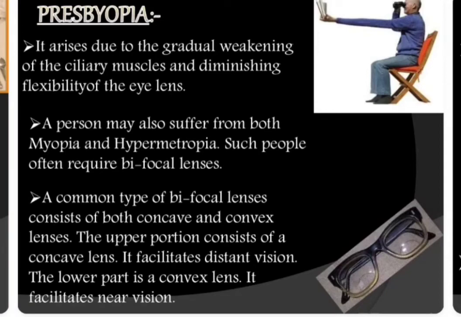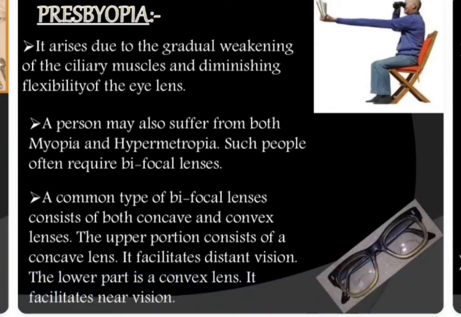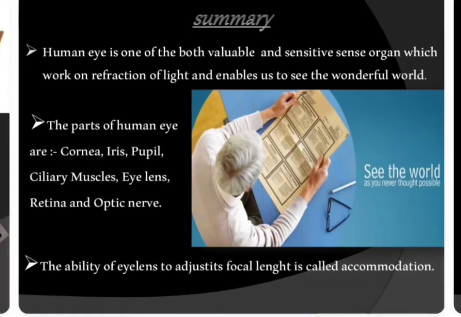You can also hear about progressive lenses, which also fall under the category of presbyopia. A common type of bifocal lens consists of both concave and convex lenses. The upper portion consists of a concave lens. It facilitates distance vision. The lower portion is a convex lens. It facilitates near vision. So this is presbyopia.